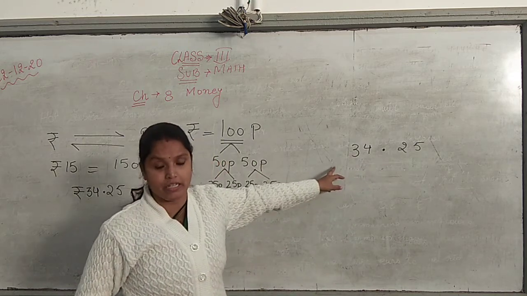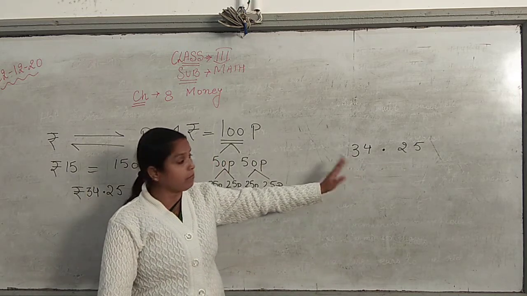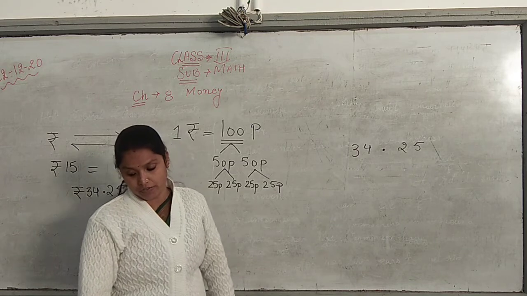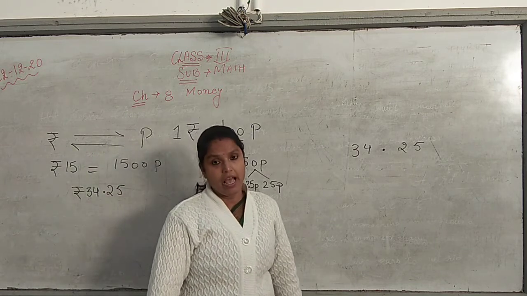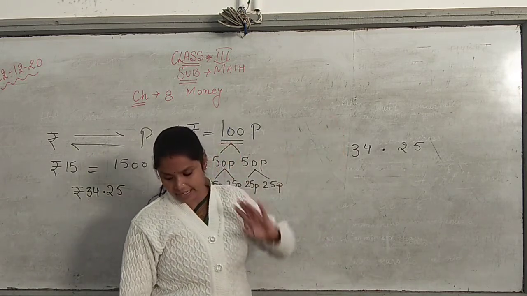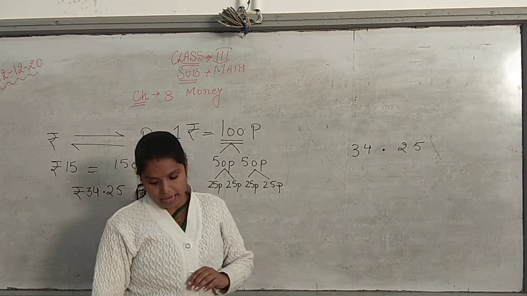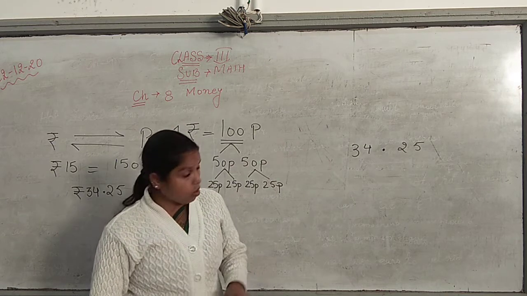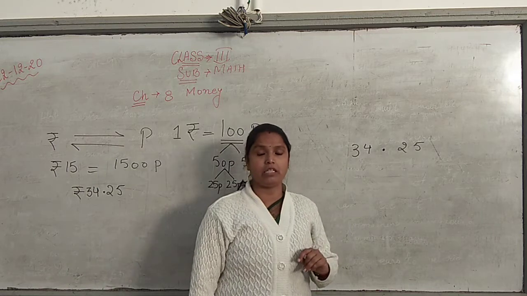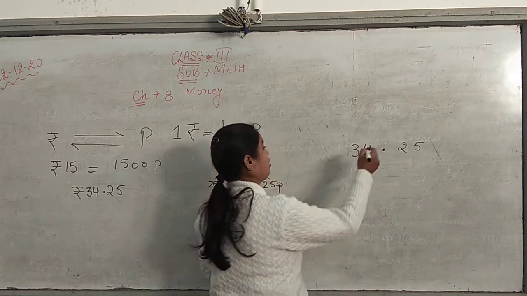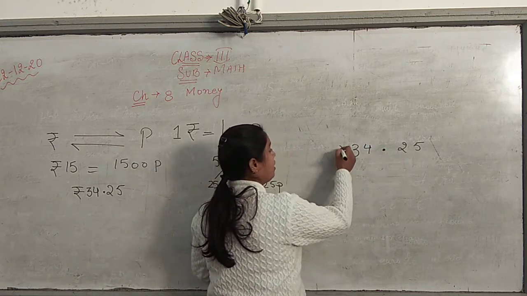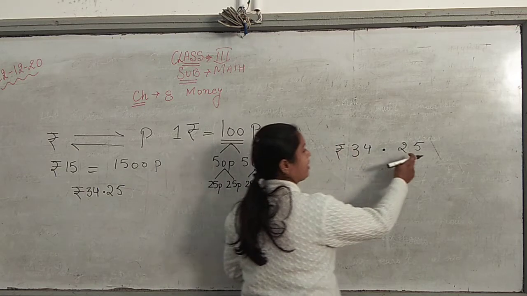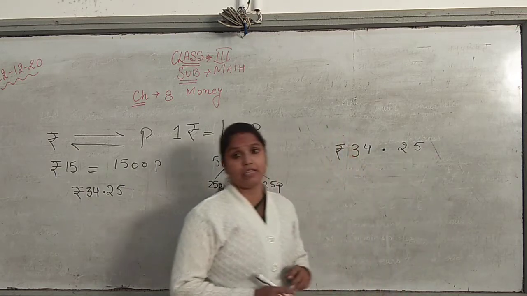Now this point is a dot. The number on the left side of the dot shows rupees and the number on the right-hand side of the dot shows paise. Always paise and rupees are separated from each other with this dot. Left-hand side is the rupees, right-hand side is your paise, children.